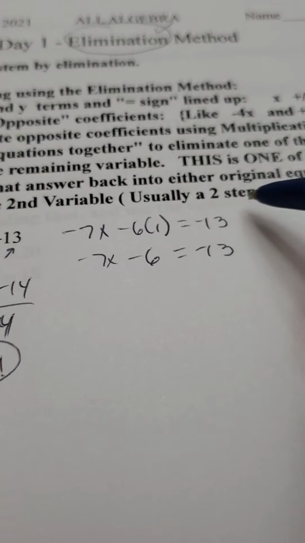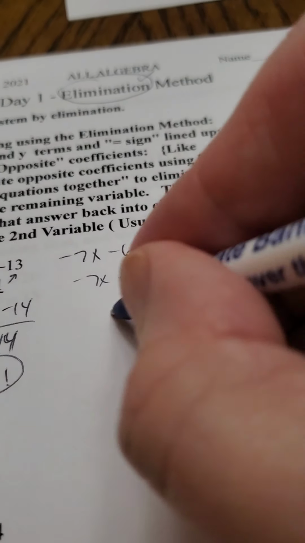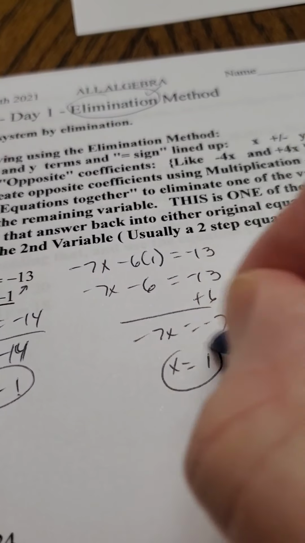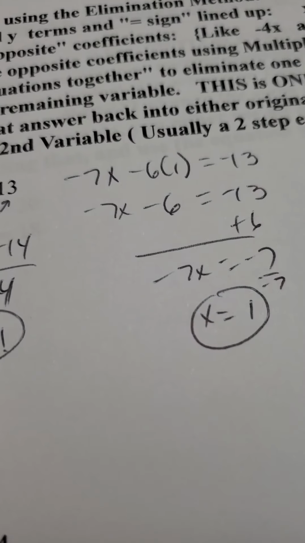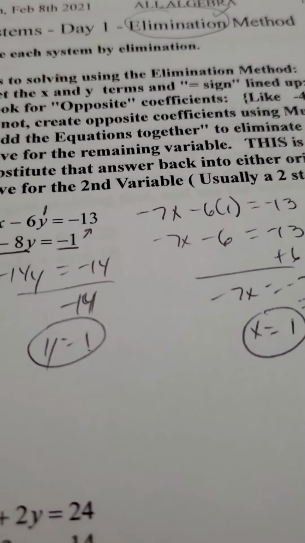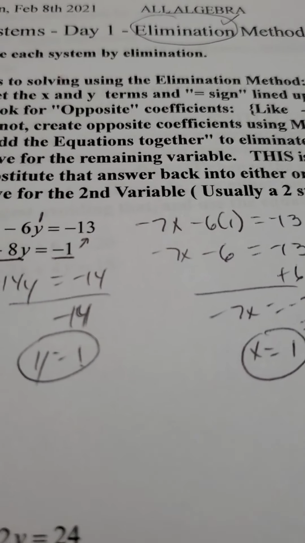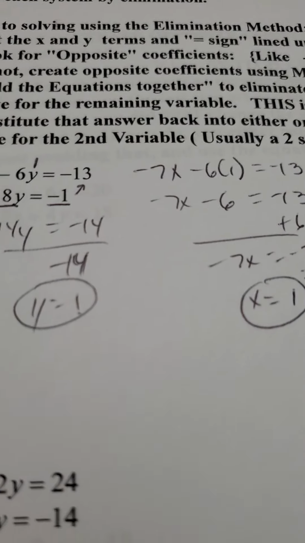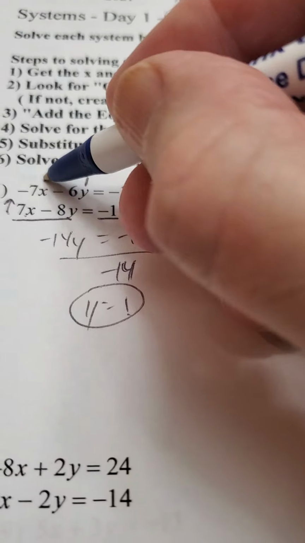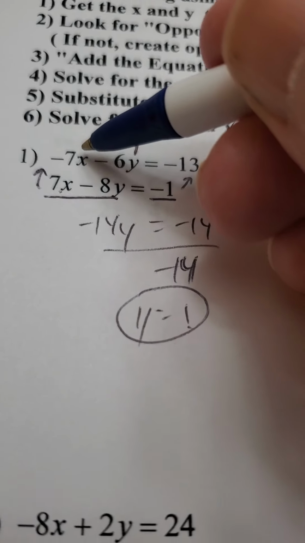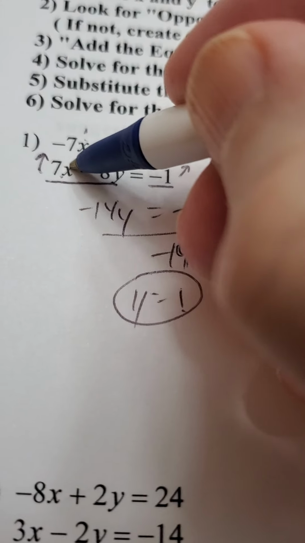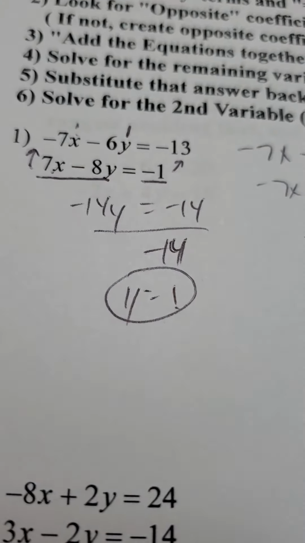Now I have a two-step equation to solve. Add 6, divide, and get positive 1. This is why I had a lot of equation solving about a week or so ago, because the elimination method and the substitution method is just a lot of equation solving. My two answers are x equals 1, y equals 1. If I put a 1 in for both of them, I get negative 13 in one equation and negative 1 in the other.